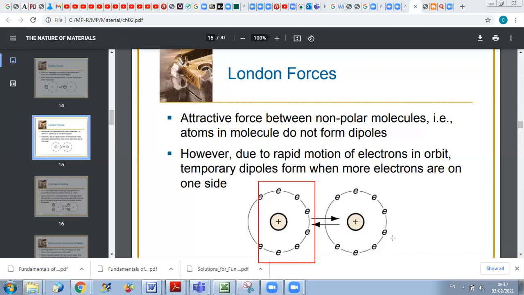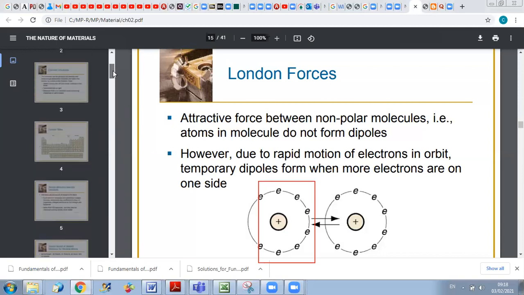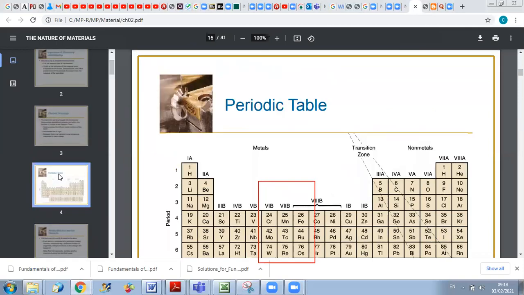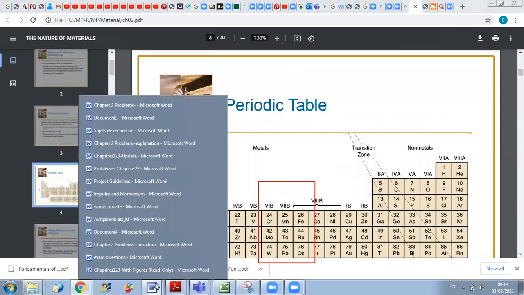Whenever you have several atoms of group 8, they can attract each other through London forces, because once they move, they will have a new dispersion of electrons, which creates temporary dipoles that allow them to attract by London forces. This is an example for krypton. If I have two krypton atoms, they can connect by London forces. Now, let us continue.